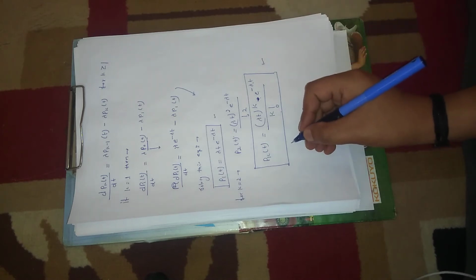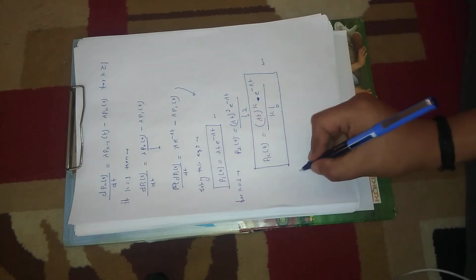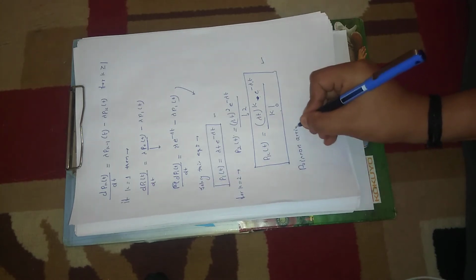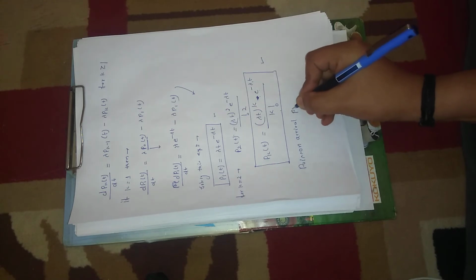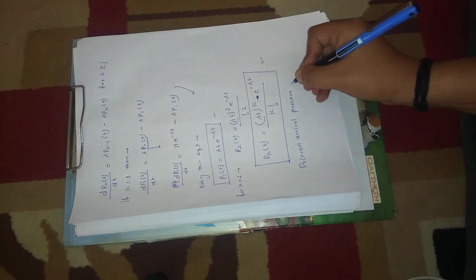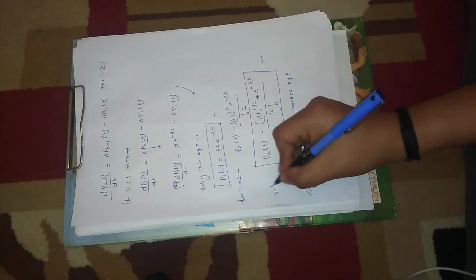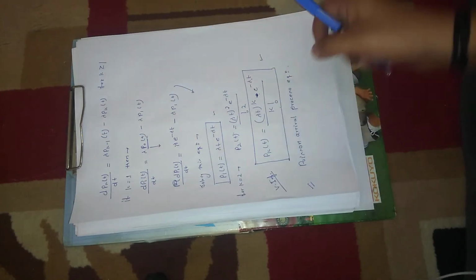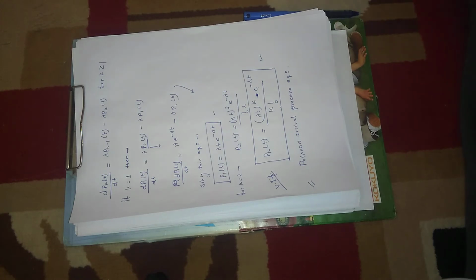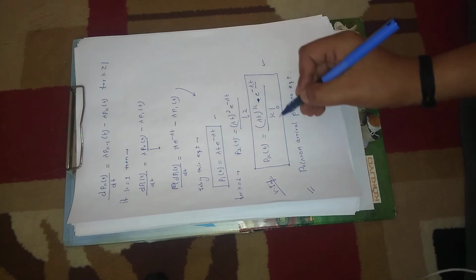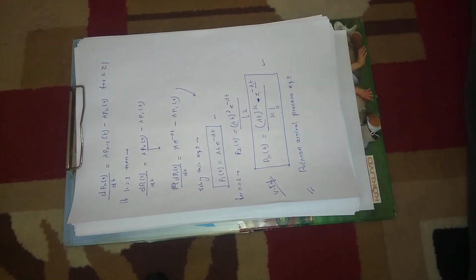This equation is the most celebrated Poisson arrival process equation. So this is the most important expression, p_k(t) equals (lambda t)^k e^(-lambda t) upon k factorial, the Poisson arrival process equation.